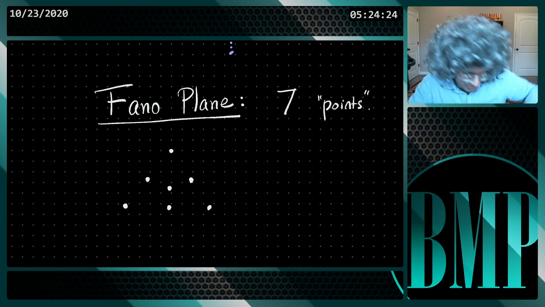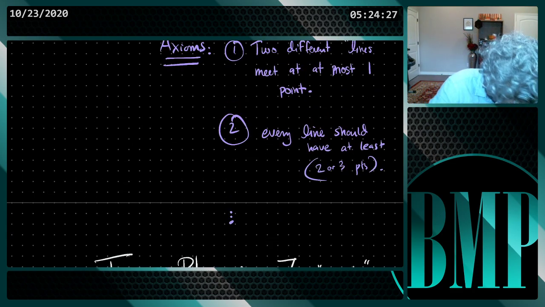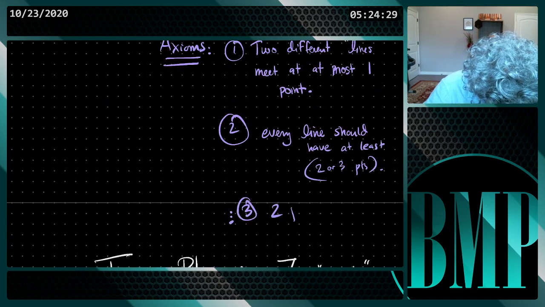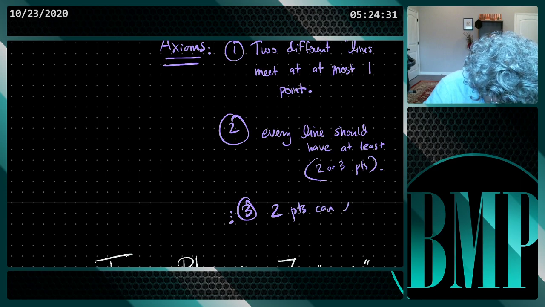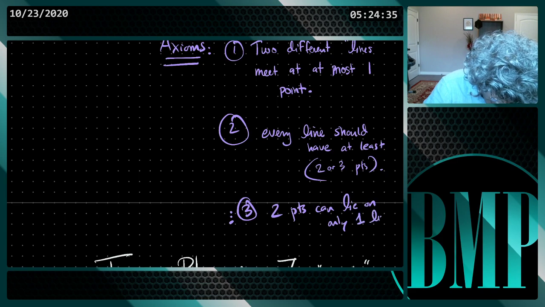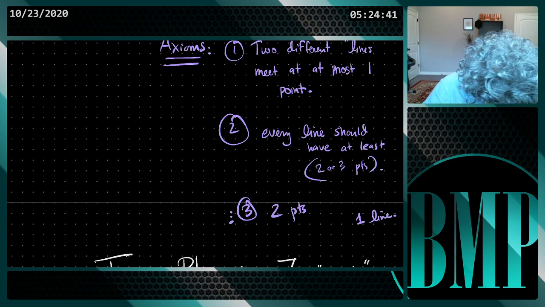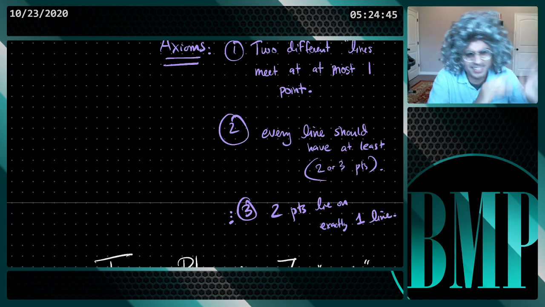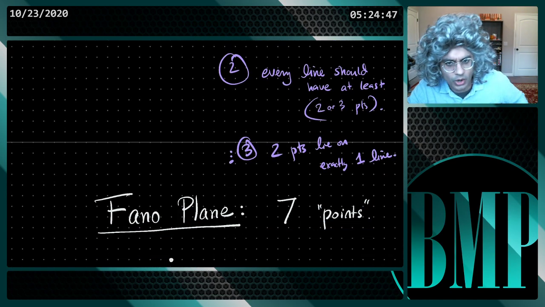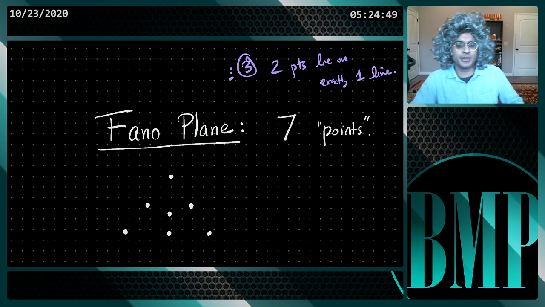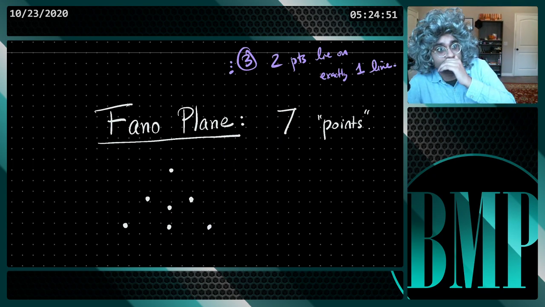That's another one of the axioms. 2 points lie on exactly one line. Some stuff like this, okay? All right. Let's do it. I'm now going to draw the lines, Sloth.